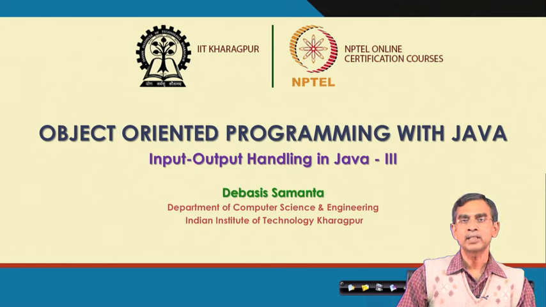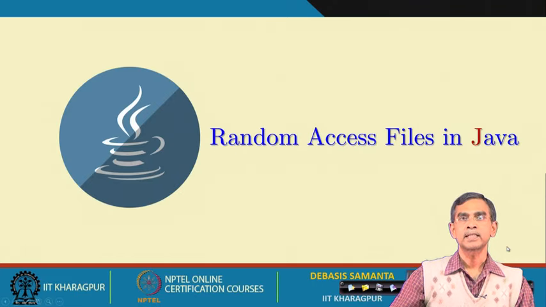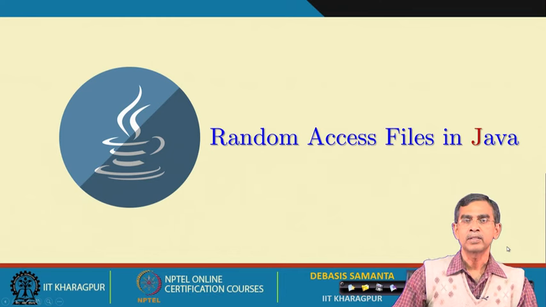In many situations the sequential stream access works for us, but there are some situations where we need to access the file in a random way. So, today's topic includes the random access file mechanism in a program.